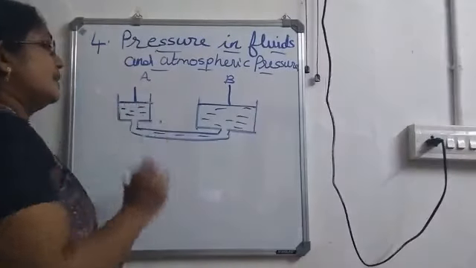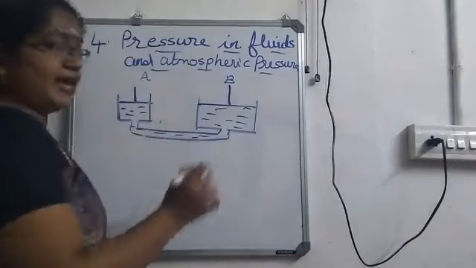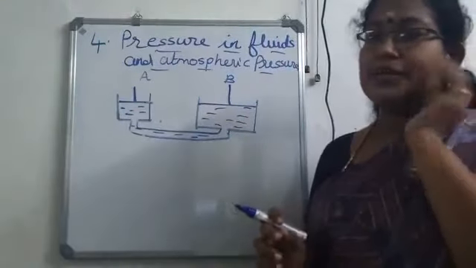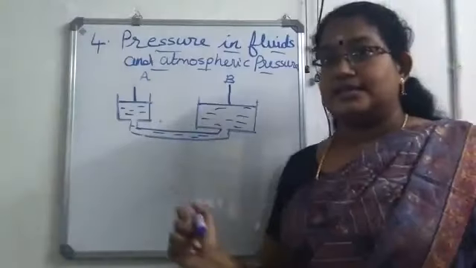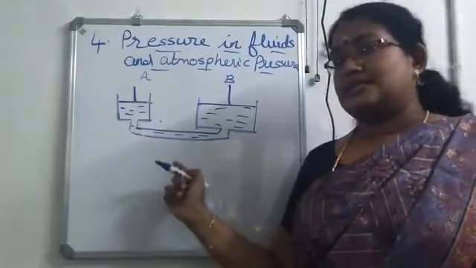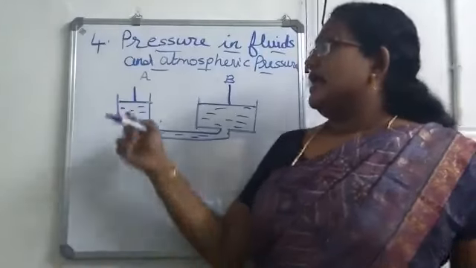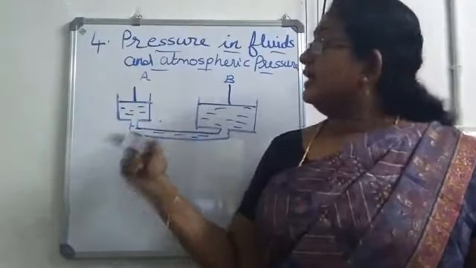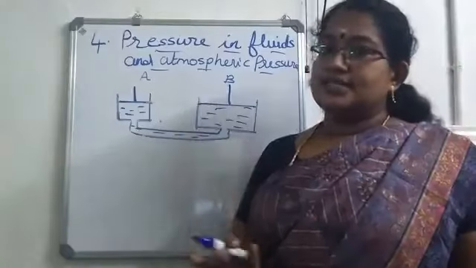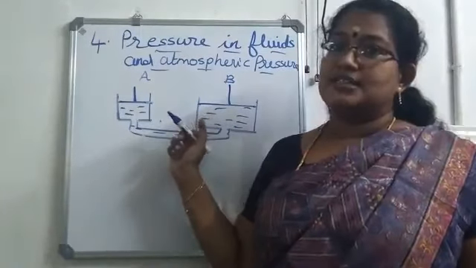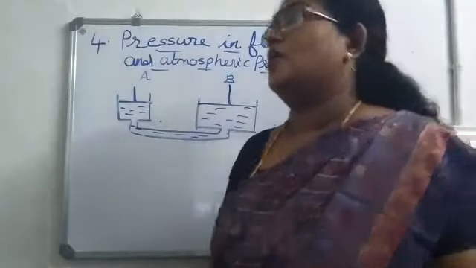This is the structure of any hydraulic machine. A hydraulic machine consists of two cylinders with two pistons, and the bottoms of these two cylinders are connected and filled with water. The area of one cylinder will be more than the area of the other.